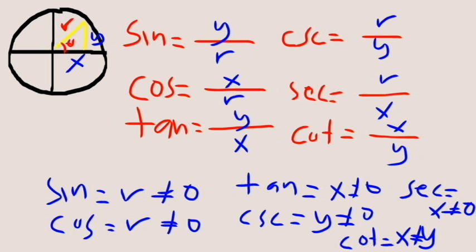So therefore, these are now our six circular functions, the ratios of the six circular functions, given that r is not equal to 0.